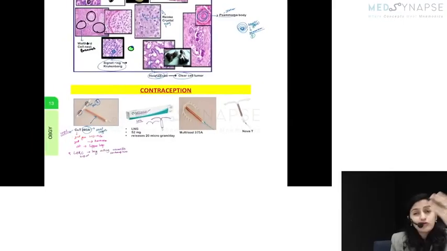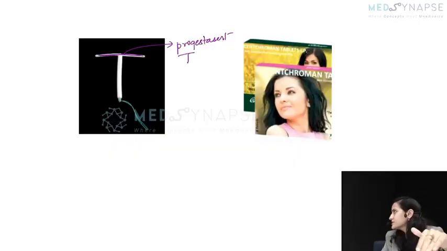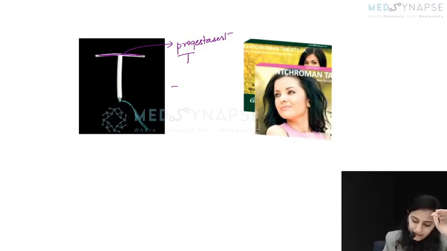प्रोजेस्टेरॉन कंटेनिंग. तो वो कैसे दिखेगा? वो भी ऐसा ही दिखेगा, कुछ कॉपर नहीं होगा. बट जो प्रोजेस्टेरॉन है, प्रोजेस्टेरॉन will be more like the flat horizontal limb. It is like a T. Mirena is like curved.